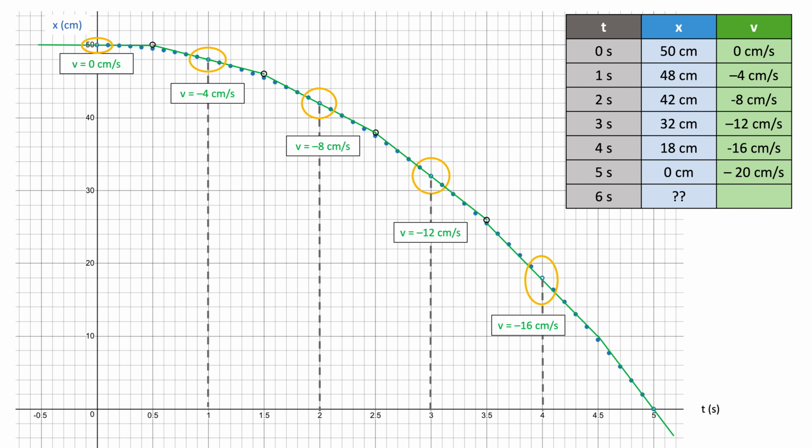If we do this at each and every point and carefully work it out, in this particular graph, we see it starts off with a flat slope, no speed, and it's becoming increasingly more negative by negative 4 centimeters per second each second. And so there's a sort of a pattern here that every second we wait, it's going 4 centimeters per second faster, but in the negative direction.